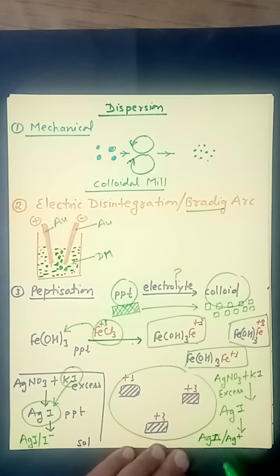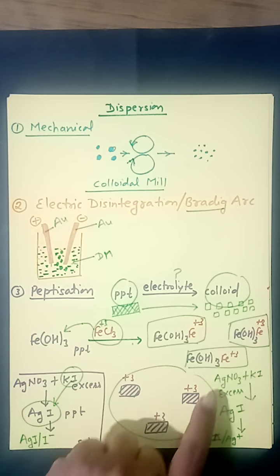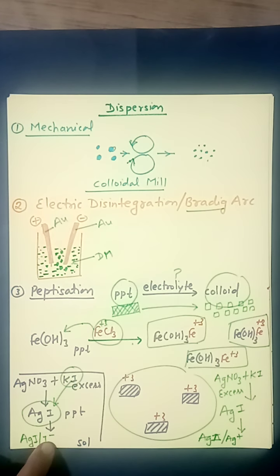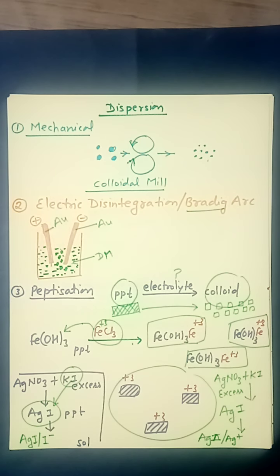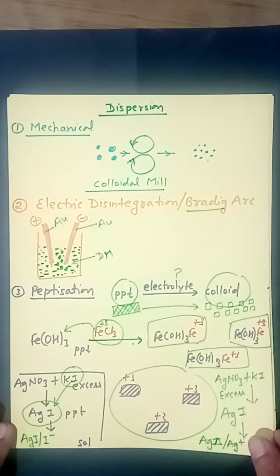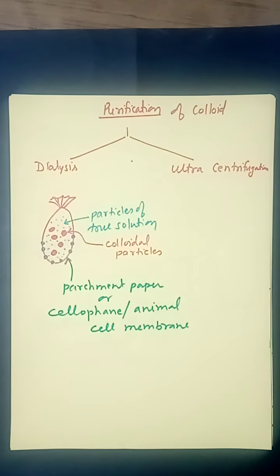So you may ask, what is the charge on the colloidal sol? If KI is in excess, it is AgI I minus, a negative sol; if AgNO3 is in excess, it is AgI Ag+, a positive charge colloidal sol. So these are methods for preparation of lyophobic sol.